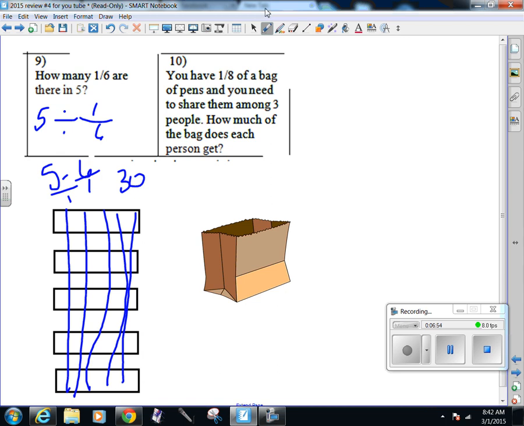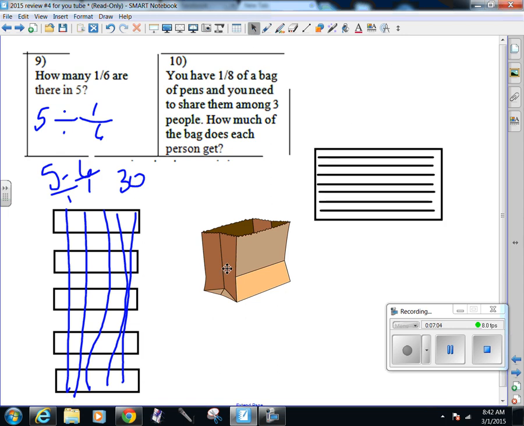Okay, last one. If you have 1/8 of a bag of pens that you need to share between 3 people, how much of a bag does each person get? So here's my bag of pens. 1, 2, 3, 4, 5, 6, 7, 8. And I'm going to be splitting this bit down here, just this 1/8 of a bag.